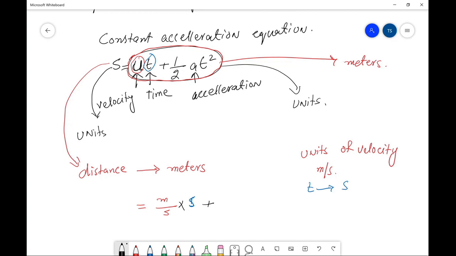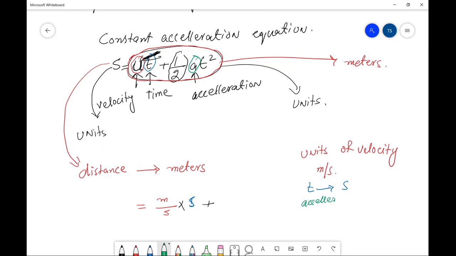Since we are talking only about units, we are not concerned with the magnitude of these two parameters. We'll ignore the magnitude here as well. Let's talk about the units of acceleration then.